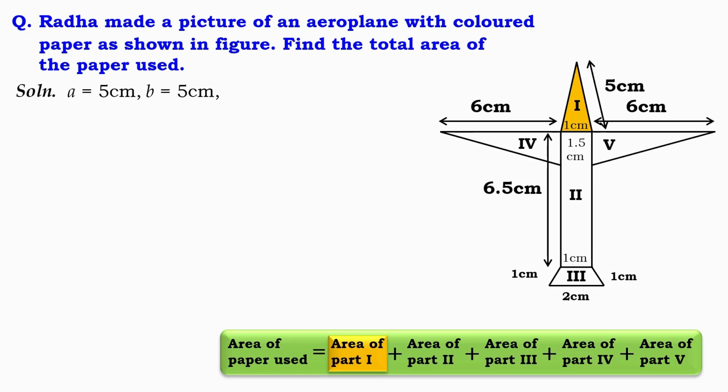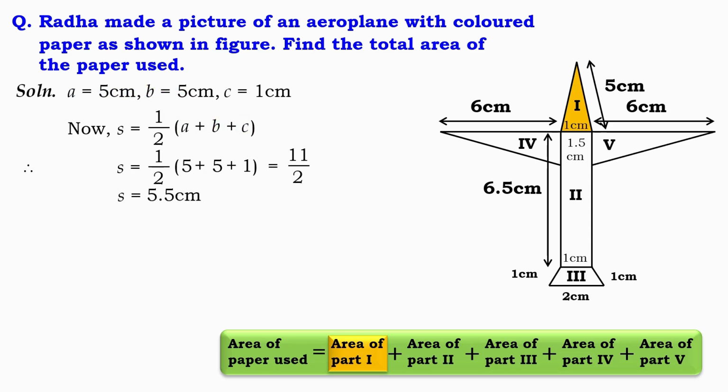Just by checking we can clearly say that both sides are equal, and c is 1 centimeter, right? So now s is equal to half into a plus b plus c. Putting the values, that is 11 by 2, that is 5.5 centimeter.